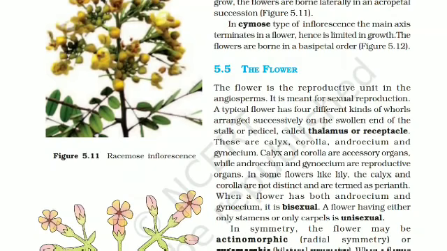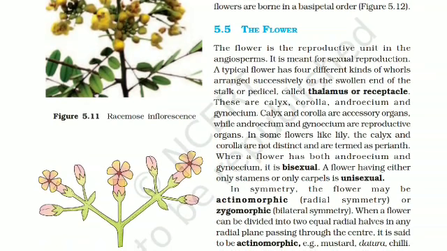In case of cymose inflorescence, the uppermost flower is the oldest one, whereas in case of racemose inflorescence, the uppermost flower is the youngest one, and the flowers in case of cymose inflorescence are born in a basipetal order. So I hope you got the differences. That is how the racemose inflorescence differs from cymose inflorescence.